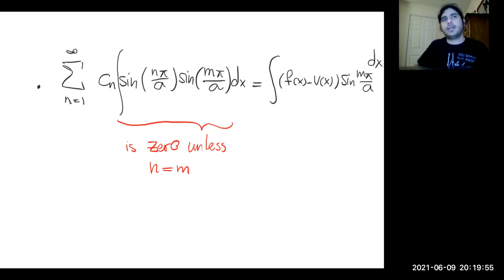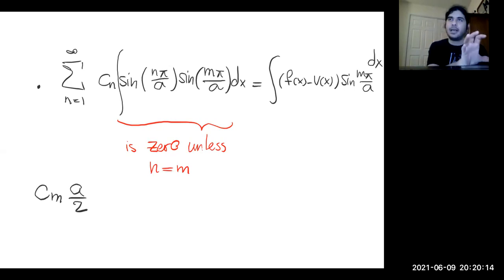Just one term is non-zero, and that's when n is equal to m. In that very specific case, the integral is equal to a over 2. So we have Cm times a over 2. This is the term when n and m are equal, plus every other integral, which is equal to 0.